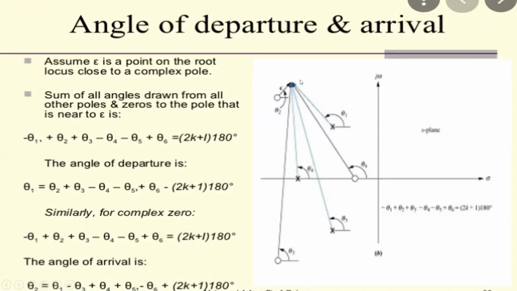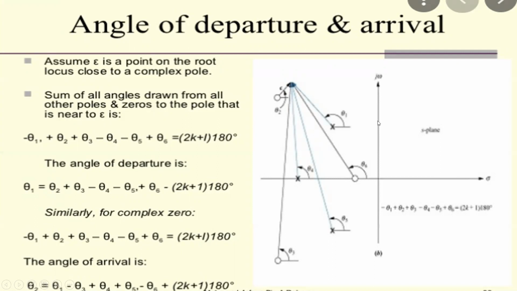We take the corresponding point's angle from all poles and zeros, and do the summation with the corresponding sign. If we have a zero, then we have a positive angle, and if we have a pole, we have a negative angle.